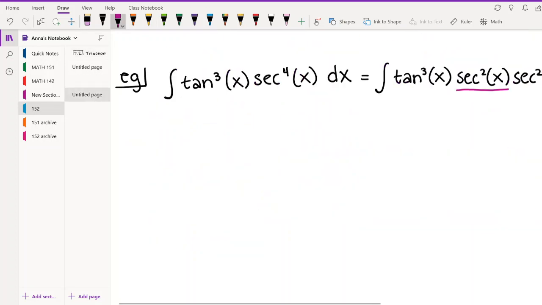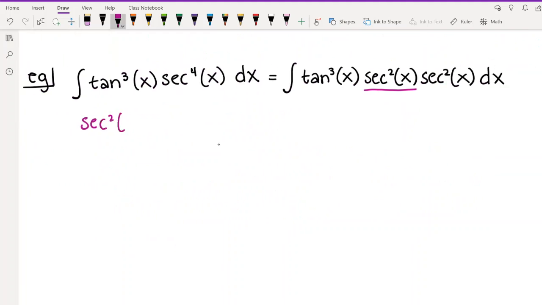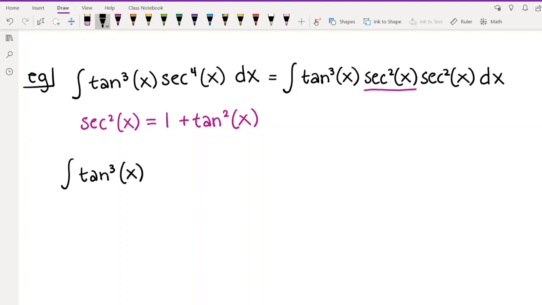So we can rewrite secant squared as 1 plus tangent squared of x. And so that will give us now the integral of tangent cubed of x times 1 plus tangent squared of x times secant squared of x.